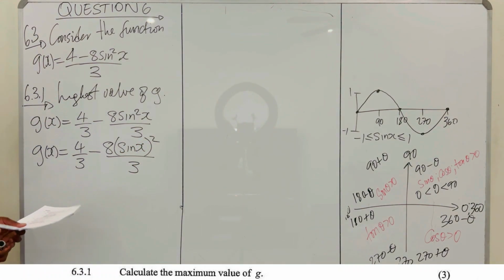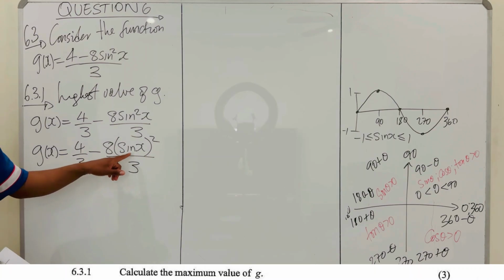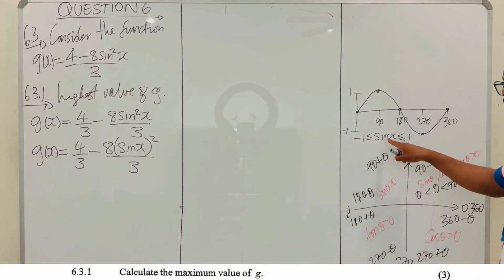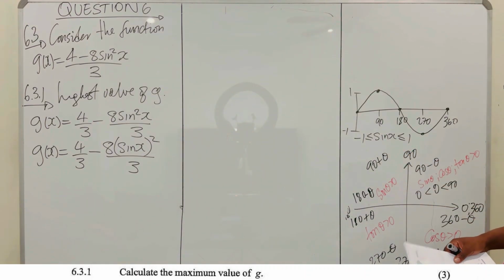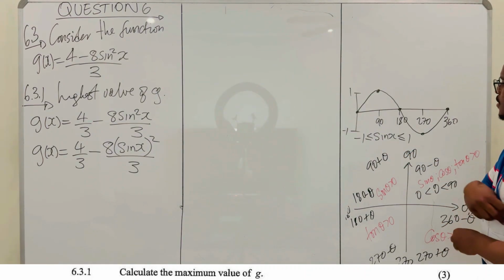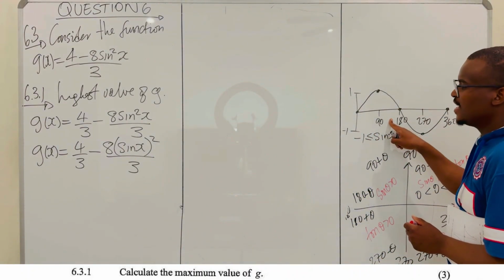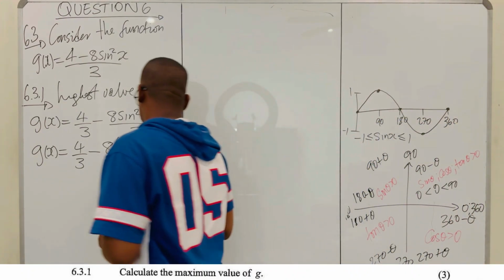So what you have there is a square of this function, because the function that I've drawn is sine of x. So this is a square of this function. What does this mean?